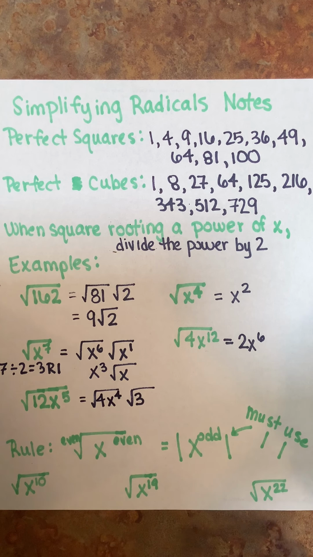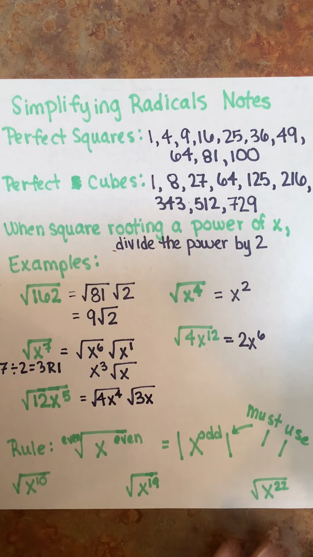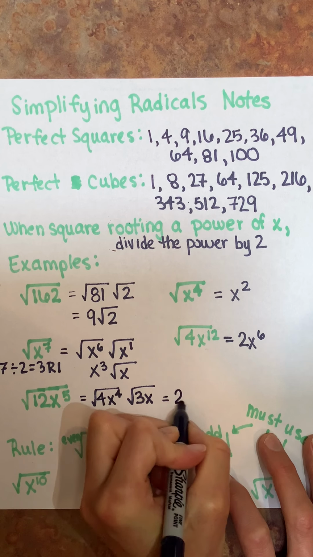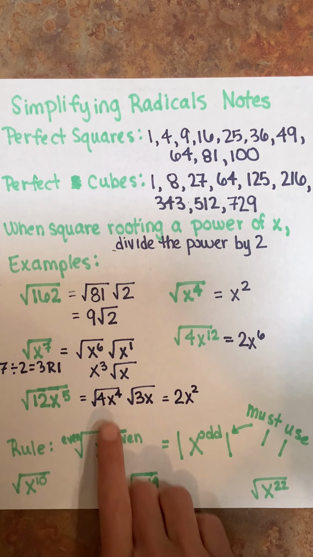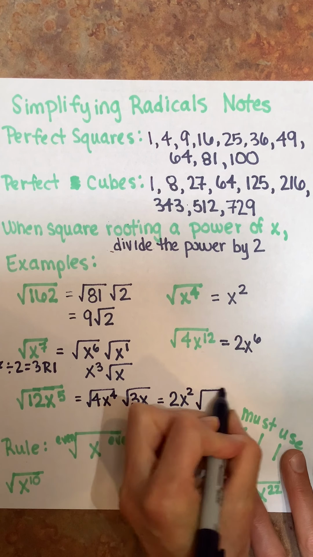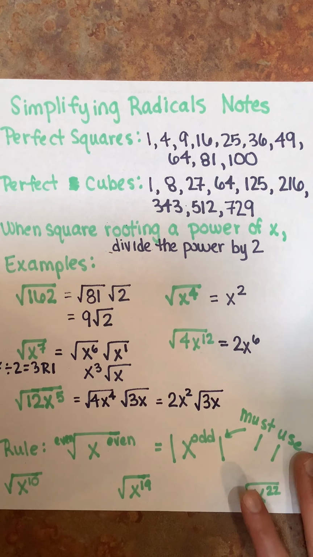So I'm taking out that even power, and then I have 1 x left over. Let's square root that first expression: 2x squared, because the square root of x to the fourth is x squared. Divide the power by 2, and the root 3x stays.